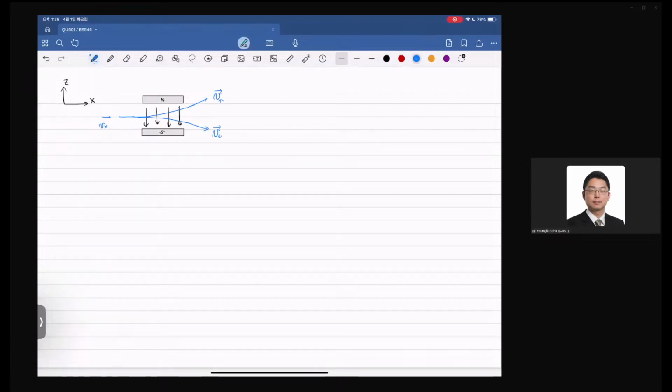Okay, after passing through the magnet, let me call the length of the magnet L. And then you can analyze this with the usual vector analysis, Vx, Vz.